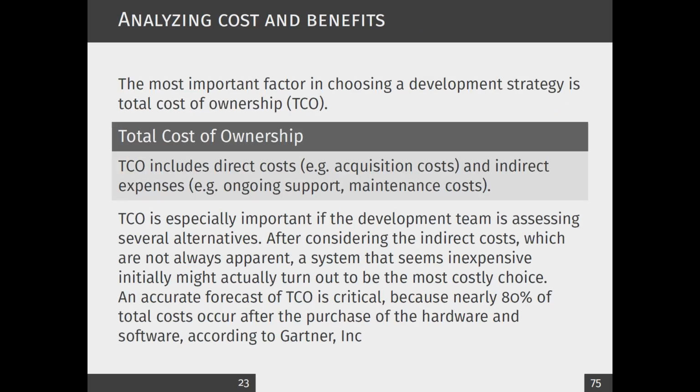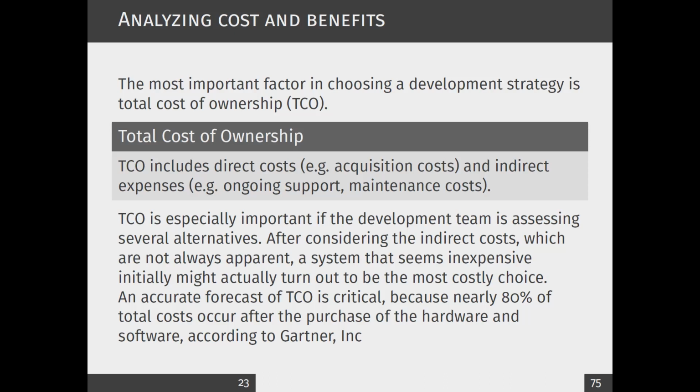Now that we talk a lot about costs, right, let's have a small discussion on the costs and the benefits. When you're making a decision on the development strategy, you can think of the total cost of ownership.